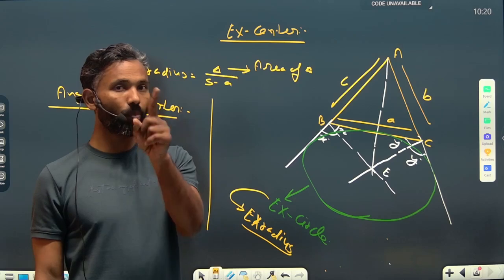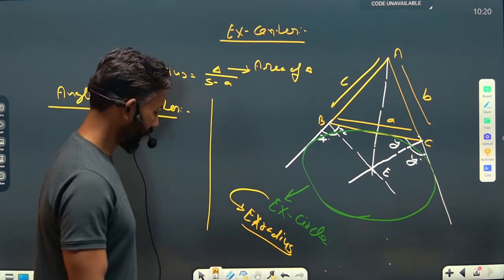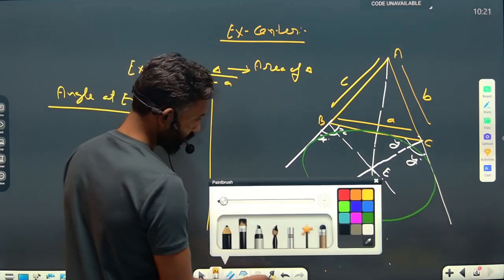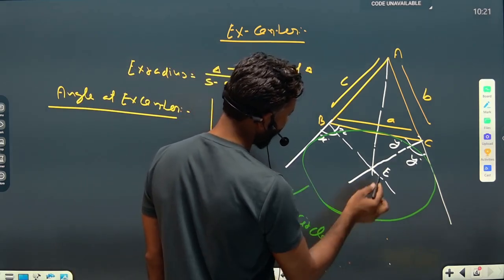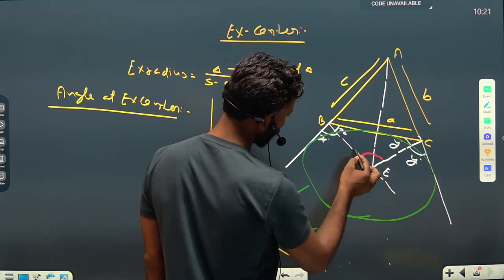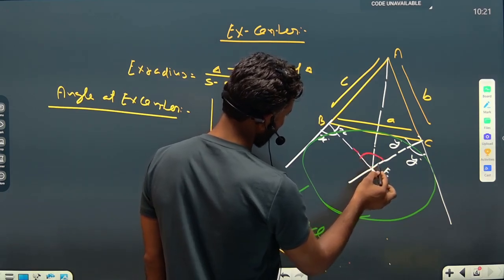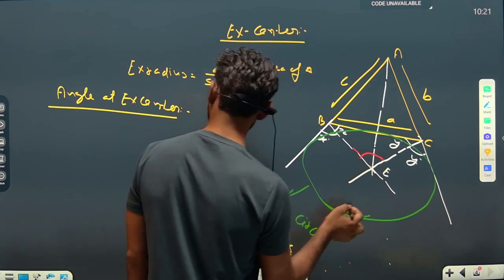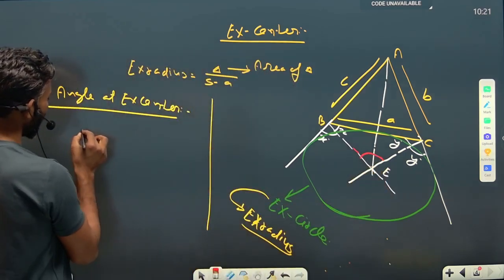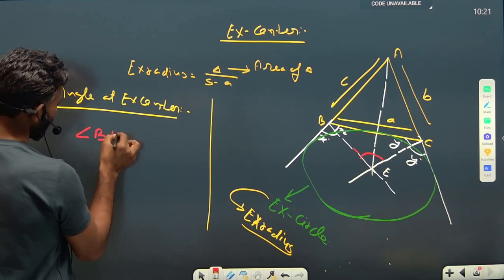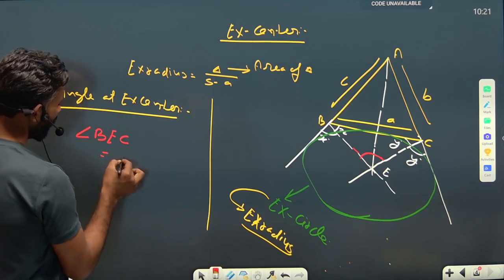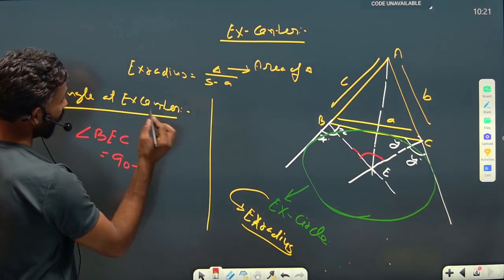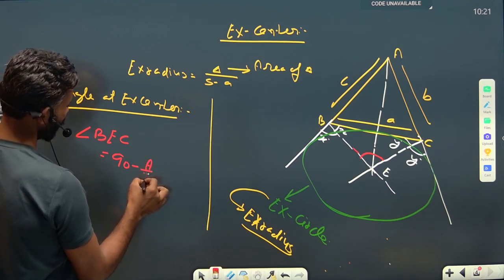That was 90 plus half of the opposite angle. Here we just have to calculate the value at the excenter, so we have to calculate this particular angle, angle BEC. If you calculate the value of angle BEC, it will be 90 minus half of the opposite angle, A by 2.